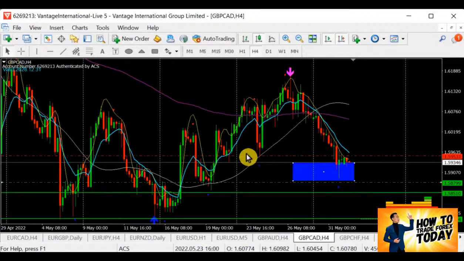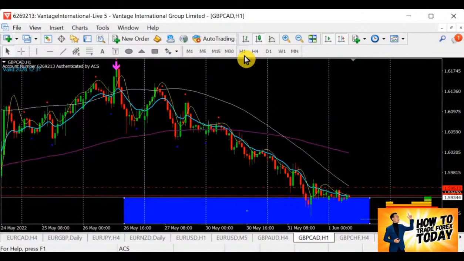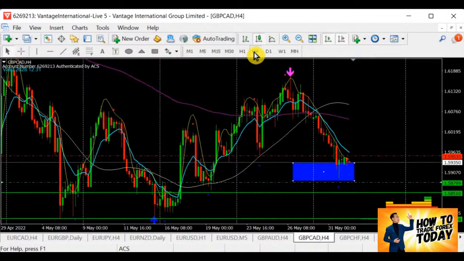I'm doing all the mental sum. It depends on where you entered. AUDCAD is good to sell, so just look out for selling signal. Once it's into this blue box, we got a good chance to sell.